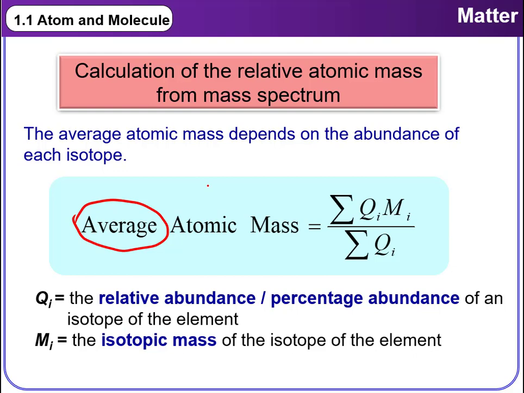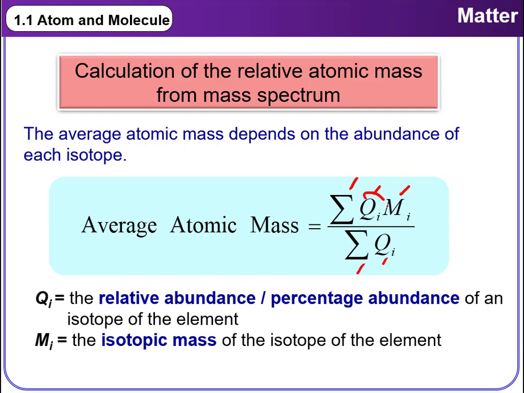Before we put the value into the periodic table, we have to use this formula of average atomic mass. Do we have a symbol for average atomic mass? No, kita tidak ada simbol untuk average atomic mass. So, what to do is to write it out completely, word by word, average atomic mass, tulis penuh. Average atomic mass equals the sum of Qi times Mi divided by the sum of Qi.